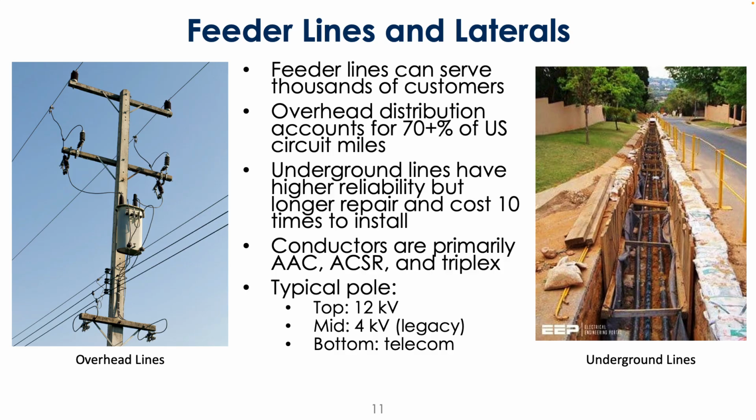An individual feeder line can be serving thousands of customers, and most distribution networks are built out using these overhead lines, right? This accounts for over 70% of the total miles of circuitry built out for the distribution systems.